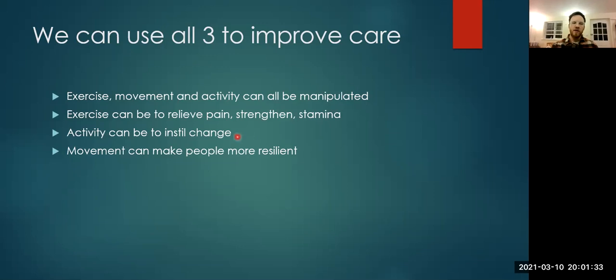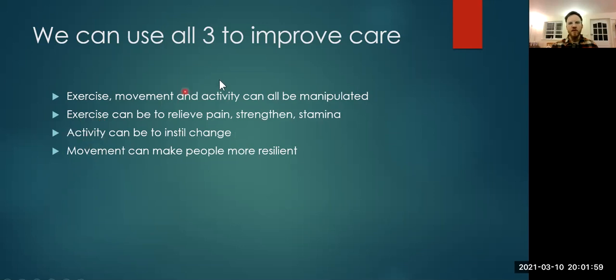So you can instill that change by reinforcing it with activity. You can say to people, put the exercise before or after your activity, in terms of whatever you want to accomplish, but that can help instill the change that you're trying to make with exercise.